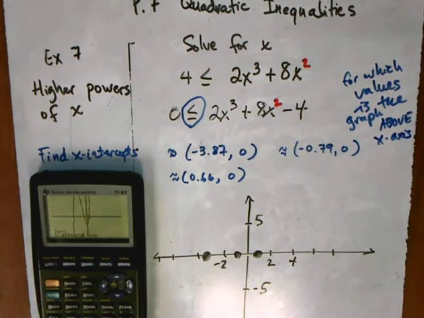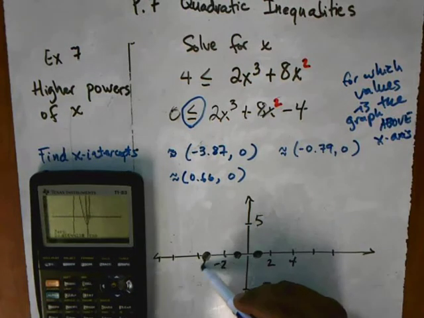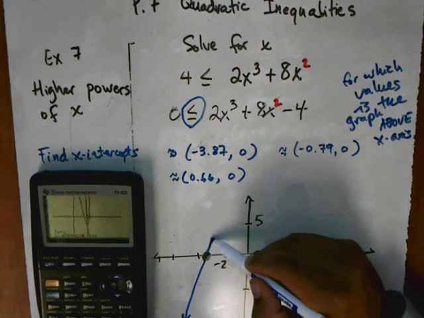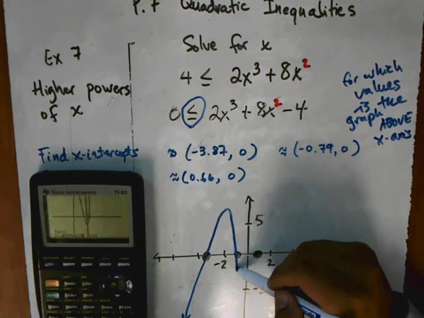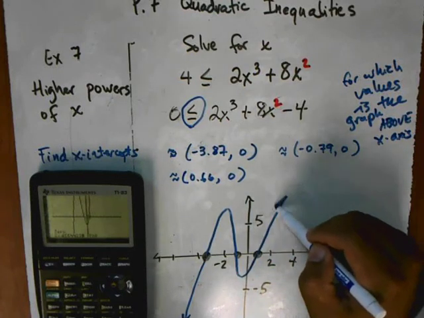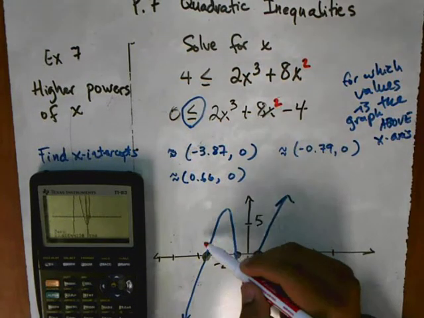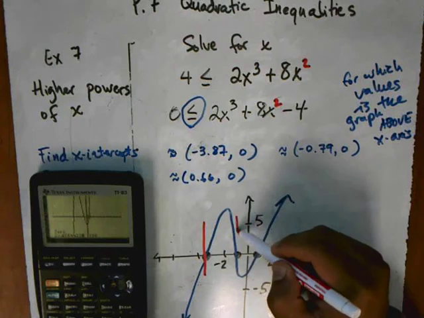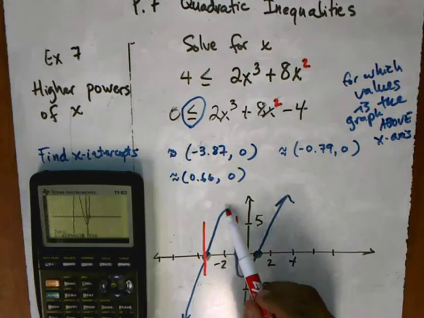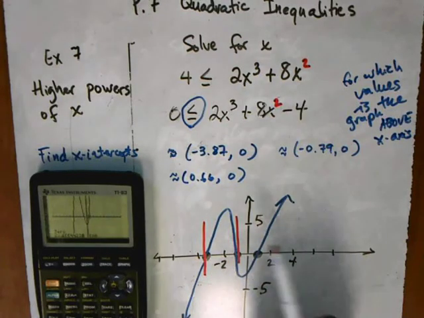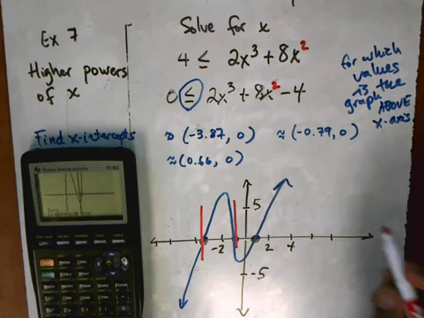So that's an important question to know. And so we can sketch this graph out here. We know that it's going to do something to this effect. And you can see here that there are 2 spots that are important. Between this x-intercept and this intercept, the graph is above the x-axis. So that's one possible solution.